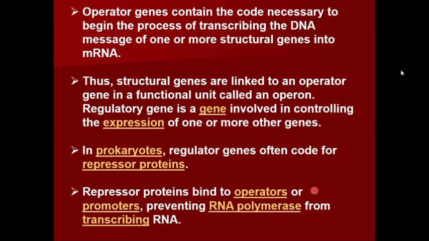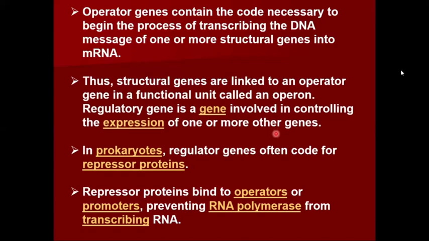Okay? So the initiation of transcription begins the process of transcribing the DNA message of one or more structural genes into messenger RNA. So the structural genes are linked to an operator gene in a functional unit called an operon.